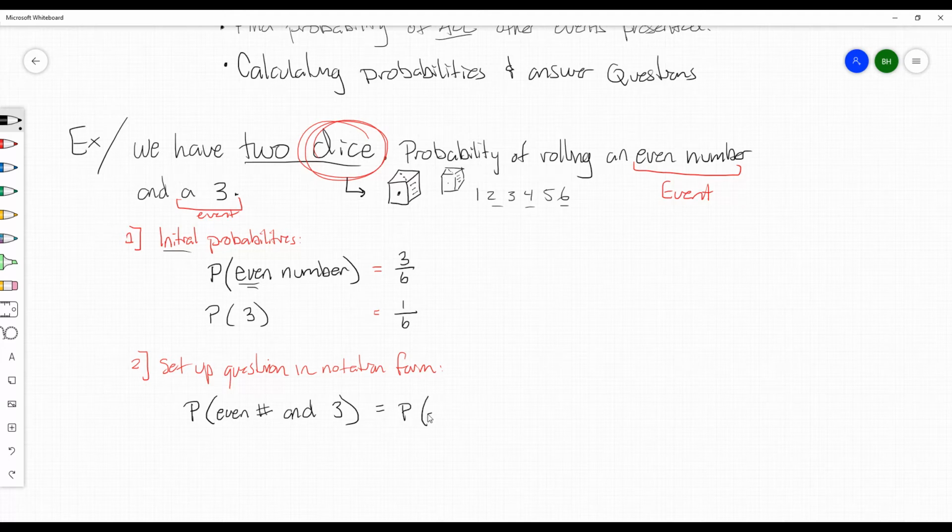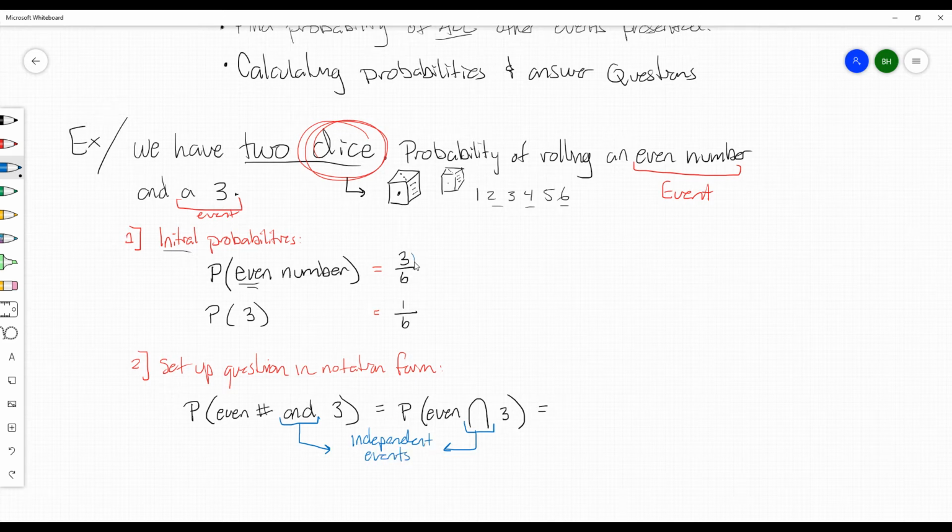The probability of an even, and I'm just going to keep shortening this, and a 3. Now, we realize this word and this symbol, which stands for the intersection of, both elicit a specific rule that we want to have. Because getting an even number and a 3, because we have two different dice, these are independent events.